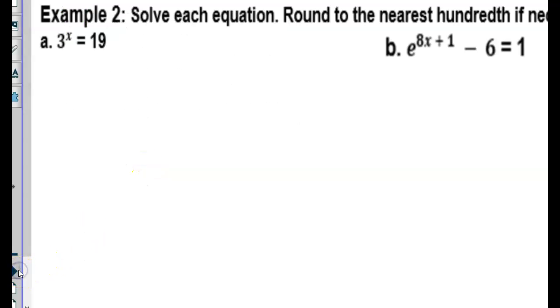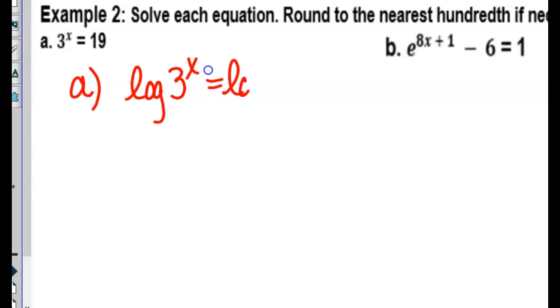But let's practice a few more things today. We can do both of these. What are our strategies we learned? X is in the exponent. I gotta take the log of both sides. Do you want to do ln or log? Log. 3 to the x equals log of 19.